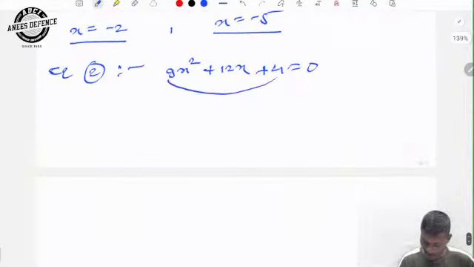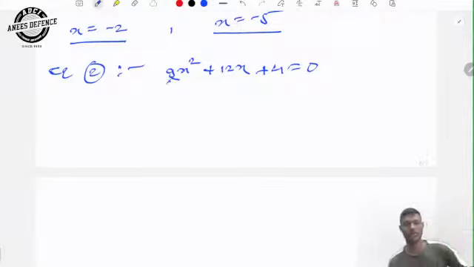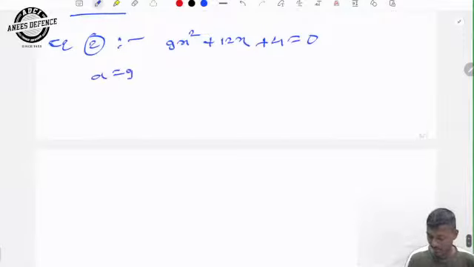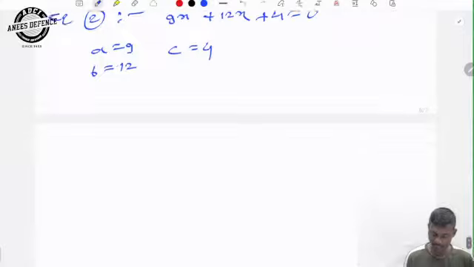We will solve this by the quadratic formula, because the quadratic formula is the simple method to solve a quadratic equation. So a is equal to 9, b is equal to 12, and c is equal to 4.